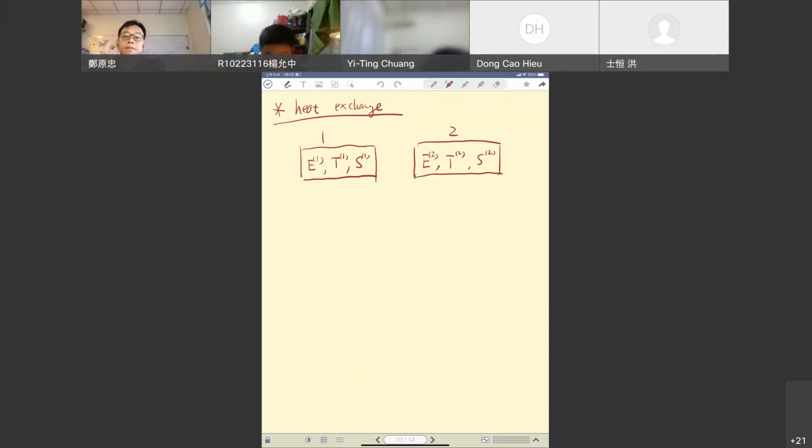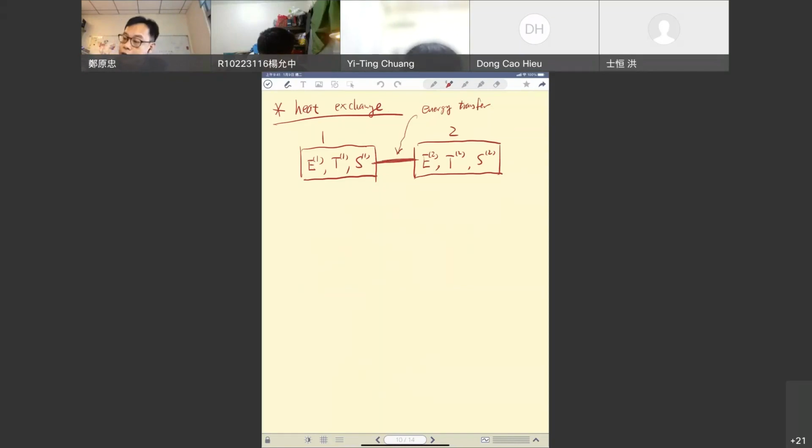Okay. And we connect this, if we have some heat conductor connecting these two, there will be an energy transfer. So if they have a heat exchange, that means the energy can exchange between them.